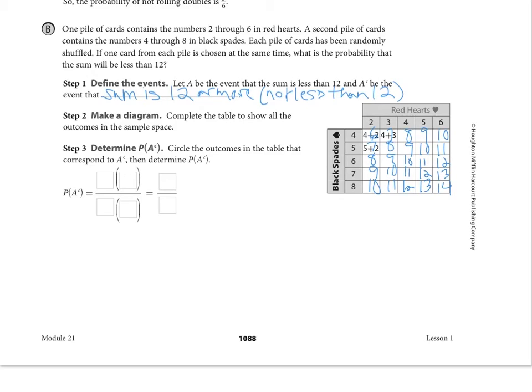Okay, so what I want to figure out is the probability of not getting a sum that is less than 12. So in other words, 12 or more. And I hope you guys can see that's this triangle of sums right down in the bottom corner. So that's 6 possibilities out of the total. And the total this time is 25 total possibilities in my sample space.